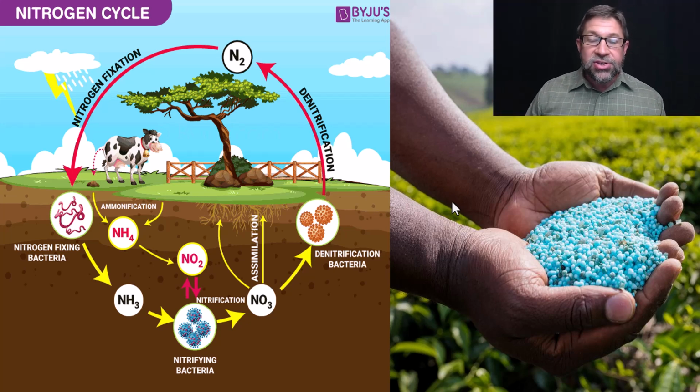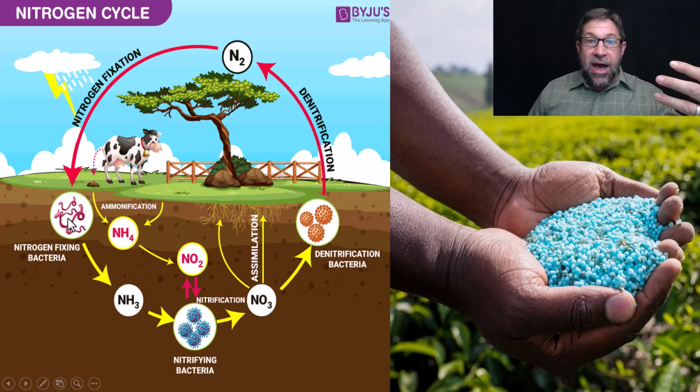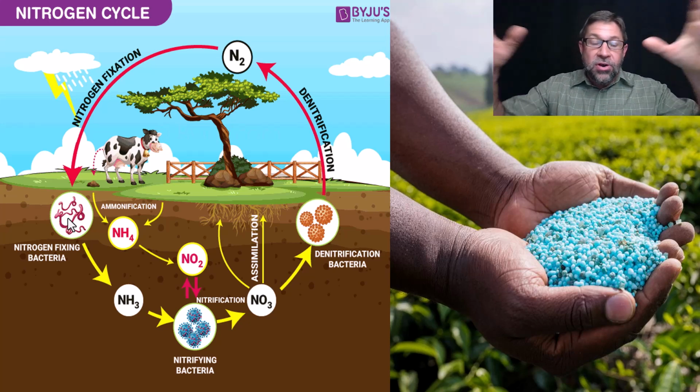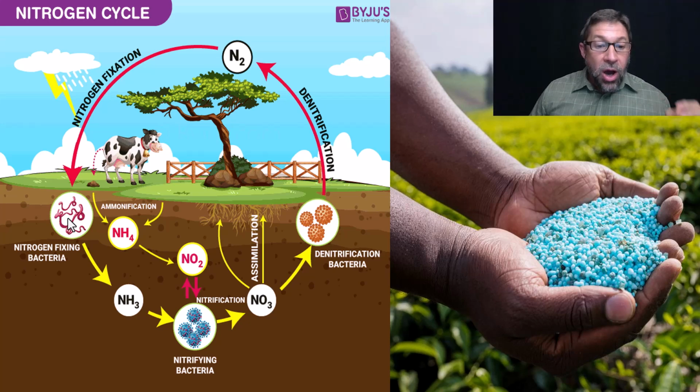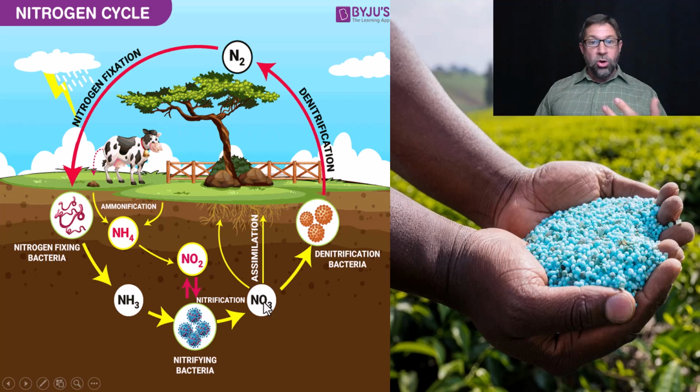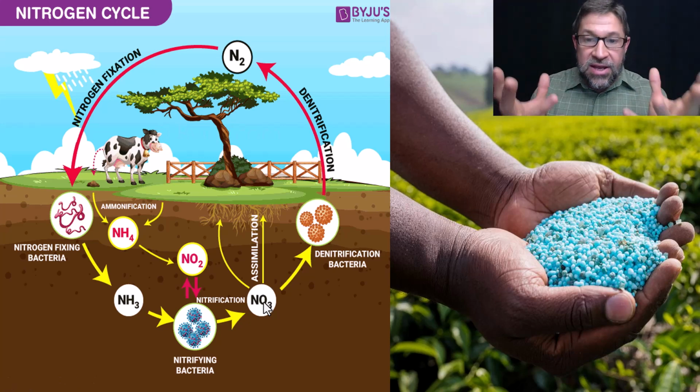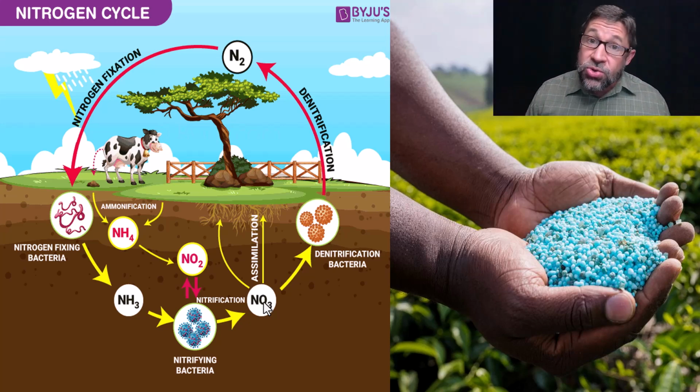But for now, recognize that certain classes of bacteria can fix nitrogen from the atmosphere. Recall that the atmosphere is primarily nitrogen, and some microbes can bring it from the atmosphere into the soil, where other bacteria are then going to convert it into a form that plants can assimilate into their tissues. As we'll discuss later in this learning activity, nitrogen is usually the limiting element to plant growth.